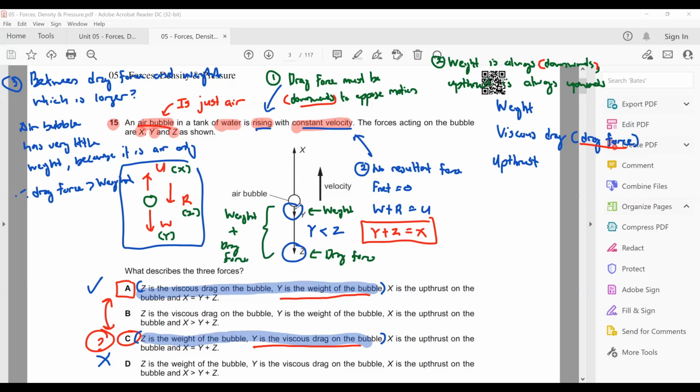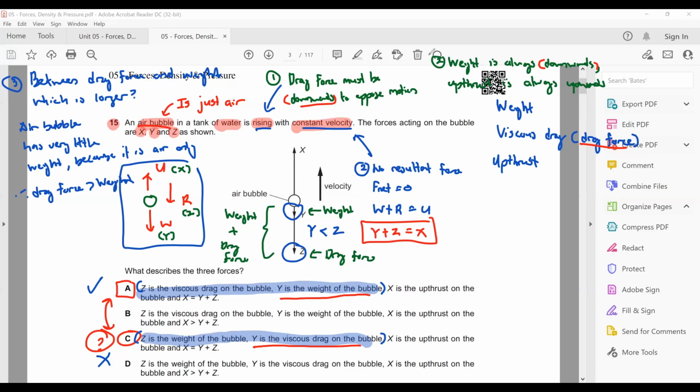You see the length of the arrow, because for vectors, the larger the length of the arrow, the larger the magnitude. The smaller the length of the arrow, the smaller the magnitude. So Y, being the smaller length, would have smaller magnitude. It will be the weight. Z, being the longer arrow, would have larger magnitude. It will be the drag force.